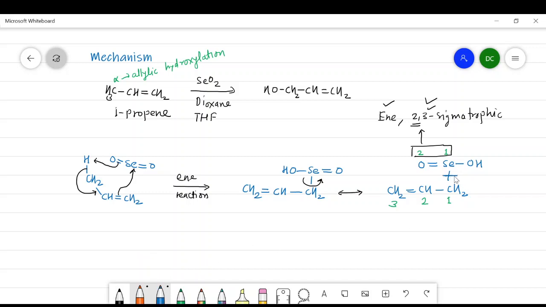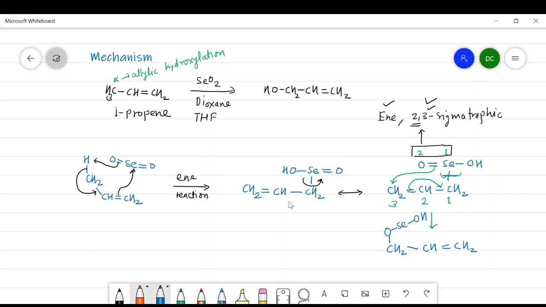This bond is broken and there is a formation of a bond between this oxygen and this carbon, and this double bond is shifted here, so we write an arrow which indicates the attack of this oxygen on the carbon, and there is a migration of this double bond with the breaking of this carbon-selenium bond. After that we get a CH2 here which is attached to oxygen, then selenium, then OH, carbon, and here a double bond CH2.